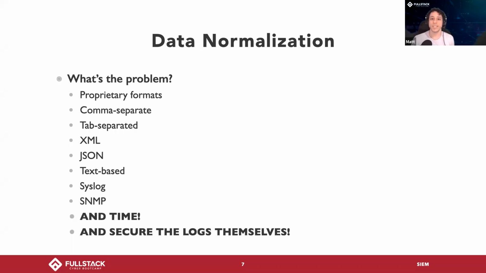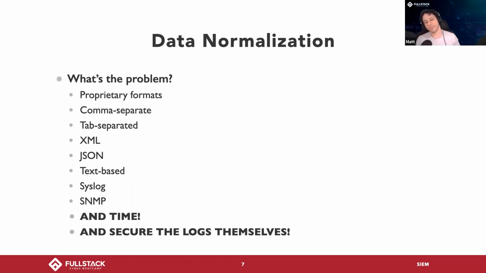We should also be considering CIA. Specifically, we should be considering confidentiality. So if you take a look at the syslog protocol, the more advanced, more recent one, it uses TLS to encrypt the data as it sends the logs through. So something to be aware of and pay attention to as you're setting up your SIM system, right?